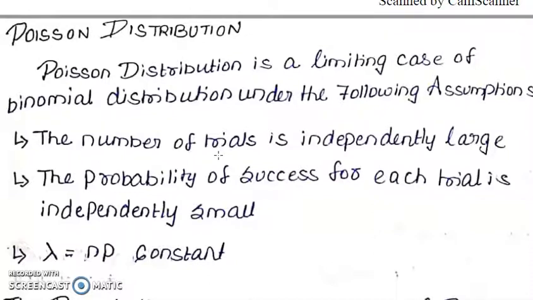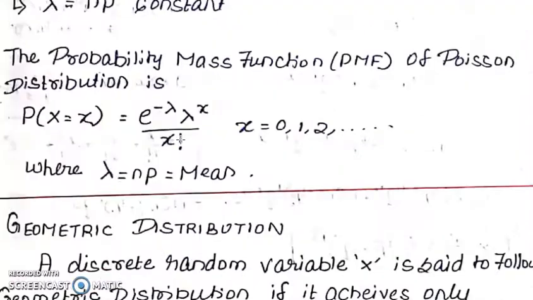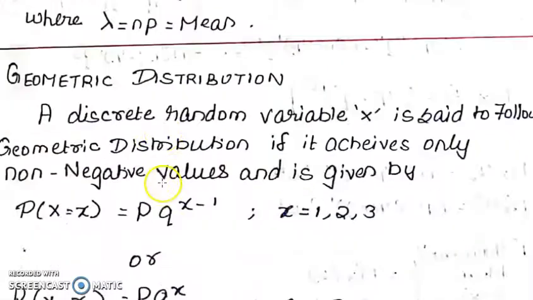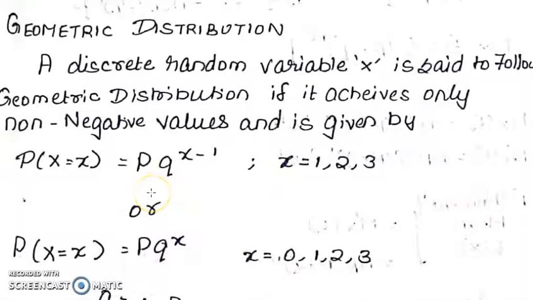Lambda equal to np, that is, lambda is constant, that is the mean here. The probability mass function is defined like this: p of x equal to e power minus lambda lambda power x by x factorial, where x runs from 0, 1, 2, 3, and lambda equal to n into p.